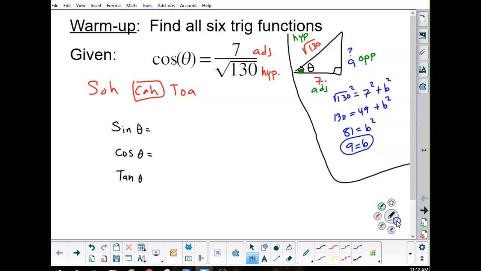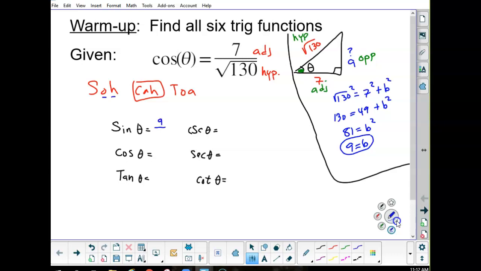So I'll give you a little hint. We're only going to be using sine, cosine, and tangent today. However, you should still be comfortable with finding any of the remaining trig functions that we have. So let's look at sine. Sine is opposite over hypotenuse.